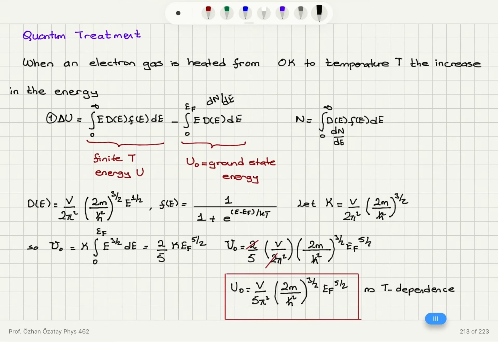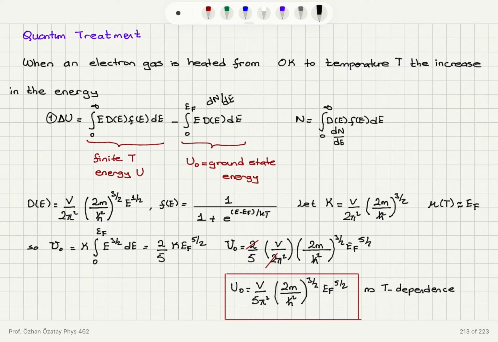So we can substitute for the Fermi-Dirac distribution function 1 over 1 plus e to the (E minus E Fermi) over kT. We neglect the temperature dependence of the chemical potential and approximate it to be equal to E Fermi at temperature T. So mu of T for regular temperatures is very close to the Fermi energy.